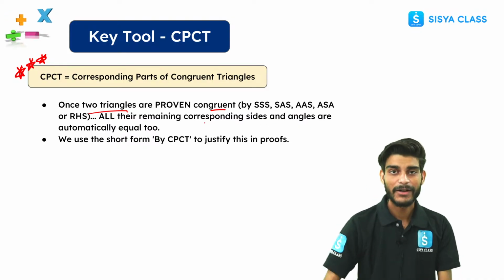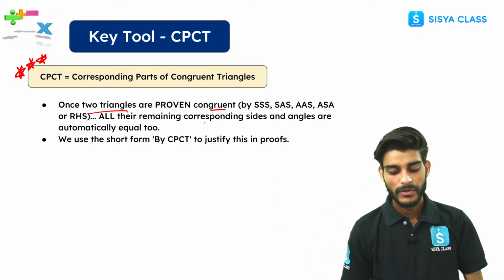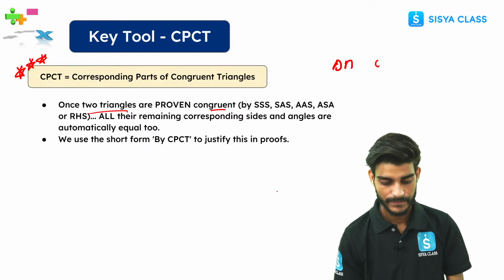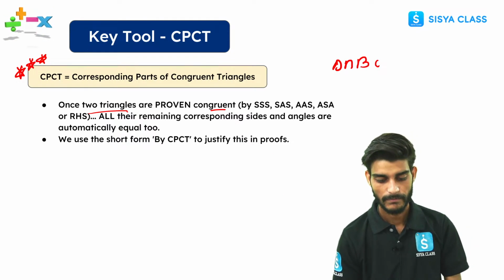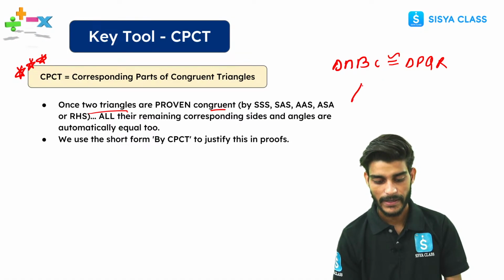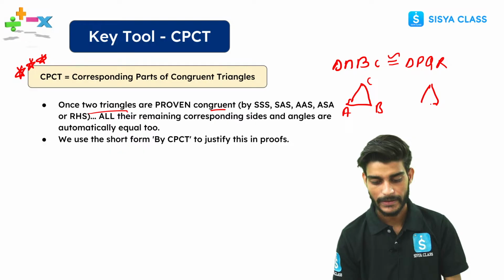Now, after that, when the criteria are satisfied, you will say that triangle ABC is congruent to triangle PQR. Like here, if I draw one triangle ABC and a triangle PQR.